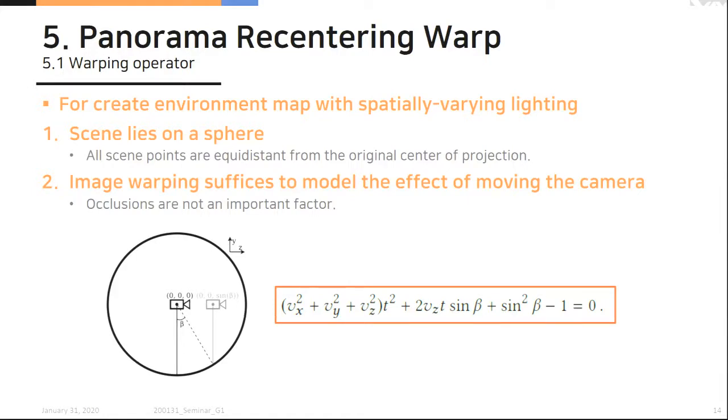They don't mention it, but solving for T maps the coordinates from the original environment map to the ones in the warped camera coordinates.